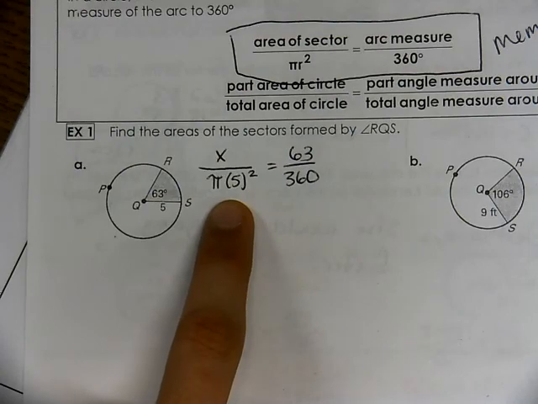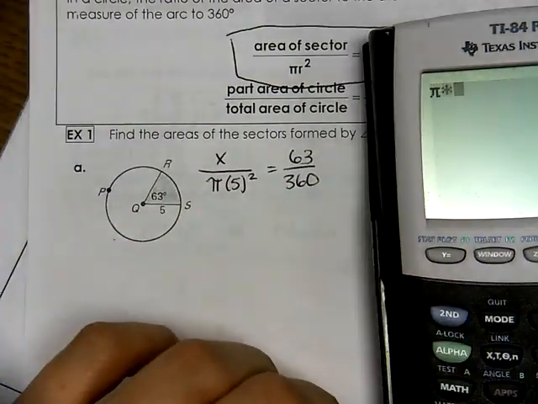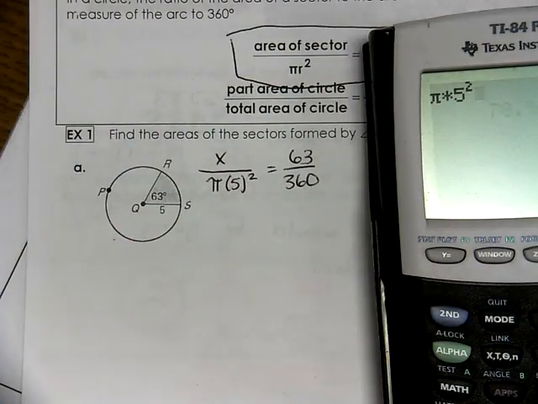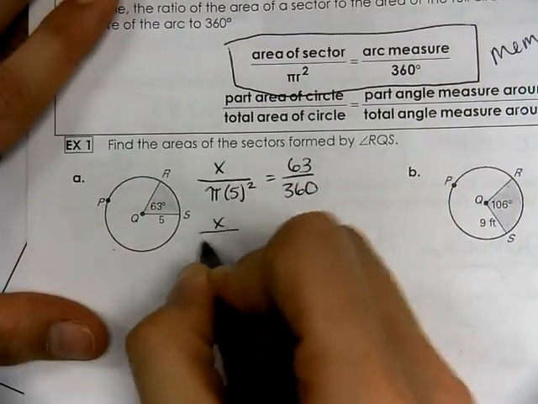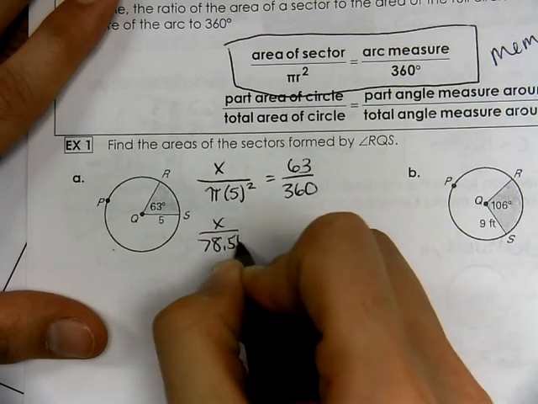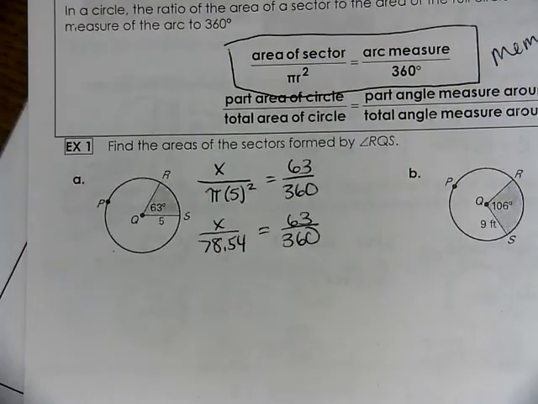I'm going to go ahead and put pi times 5 squared in my calculator and get a number. 78.54. So it's X over 78.54 equals 63 over 360.